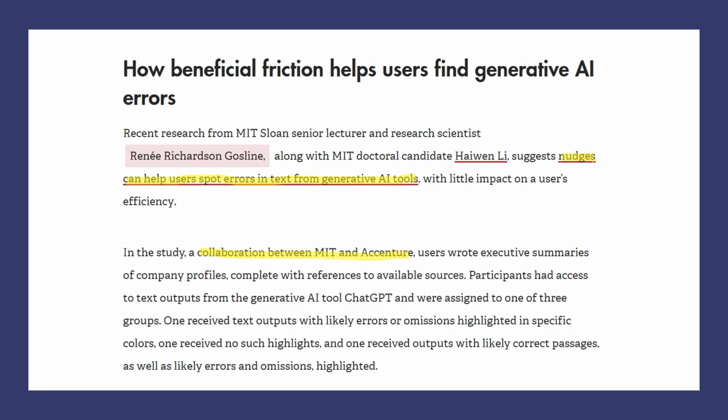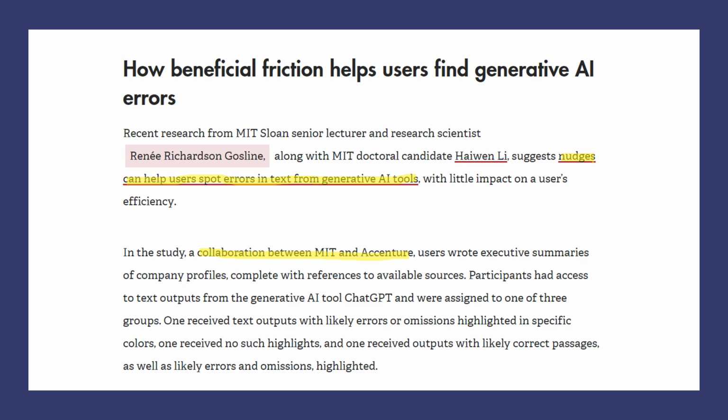In the study, a collaboration between MIT and Accenture, users wrote executive summaries of company profiles, complete with references to available sources.